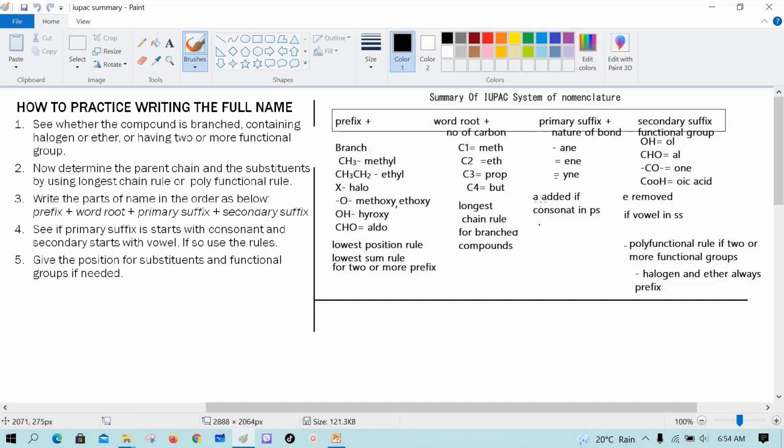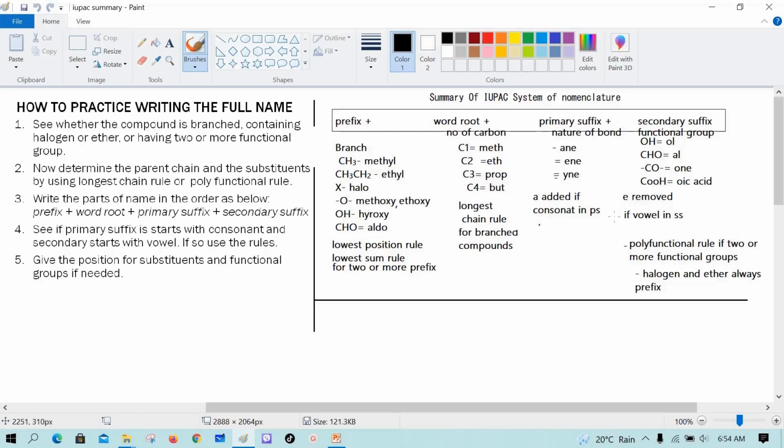That is, a is added if consonant in PS. That means if the primary suffix starts with a consonant letter, then an extra a is added to the word root. Alright, and then e is removed if vowel in SS, that is in the secondary suffix. If there is a vowel letter, then we have to remove the e of the primary suffix.